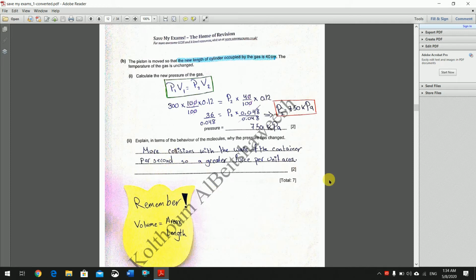So there is a greater force per unit area. It's just because when we pushed the piston, we decreased the volume, so more collisions happen, and it gives us a greater force.